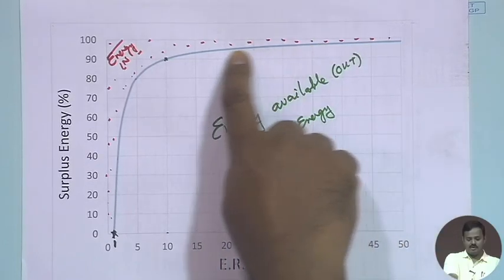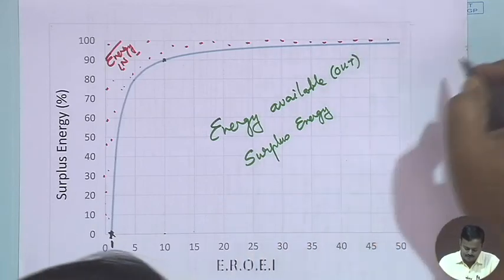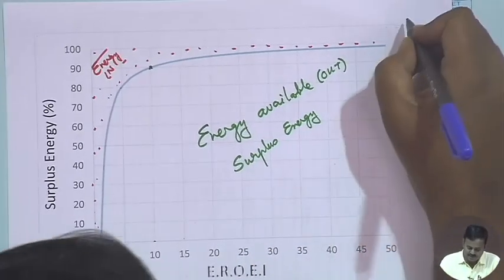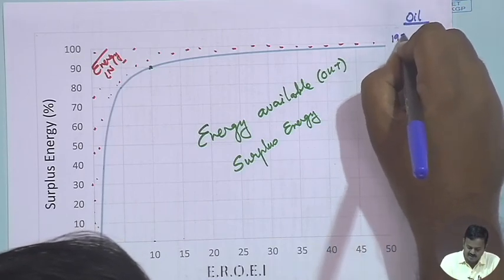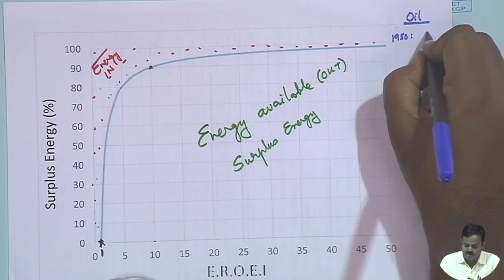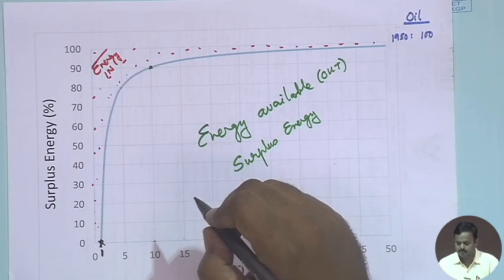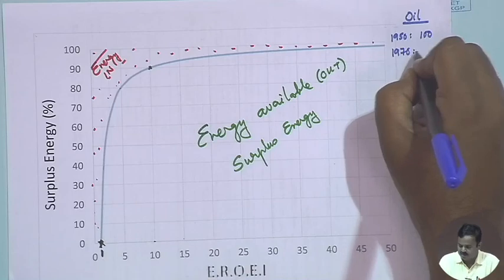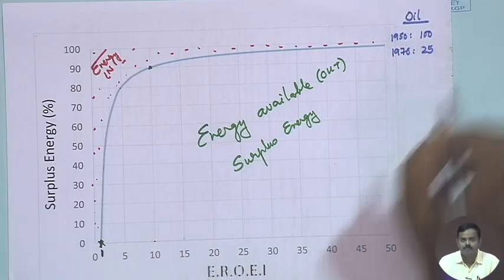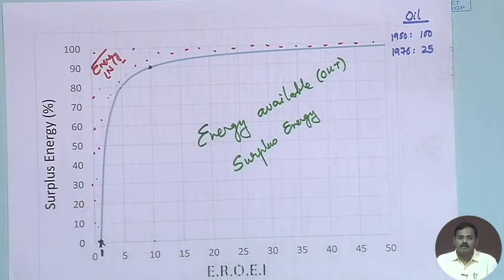And so, with time, the oil production started going down this curve. Let me write down some of these. If I talk about oil, in 1950 it was around, as I said, 100. By 1970 it had come down to around 25. Why? Because whatever was readily, easily available has been extracted.